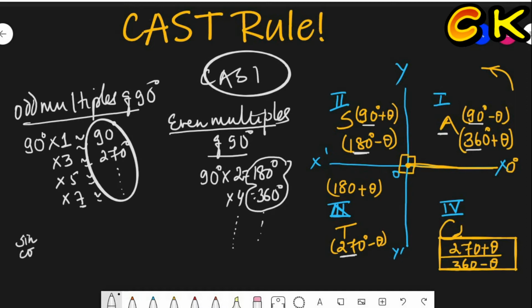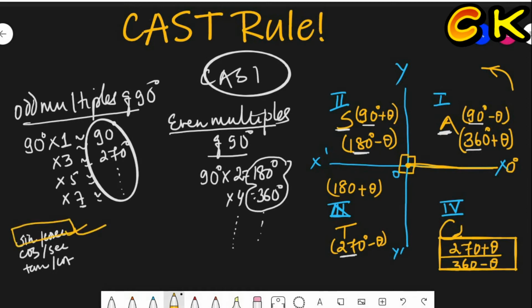There are 6 trigonometric ratios: sine, cos, tan; the reciprocal of sine is cosec, the reciprocal of cos is sec, and the reciprocal of tan is cot. So for any trigonometric ratio, if the angle lies in the first quadrant, everything is positive. Now for the second quadrant: if any angle lies in the second quadrant, then S stands for sine and its reciprocal cosec.